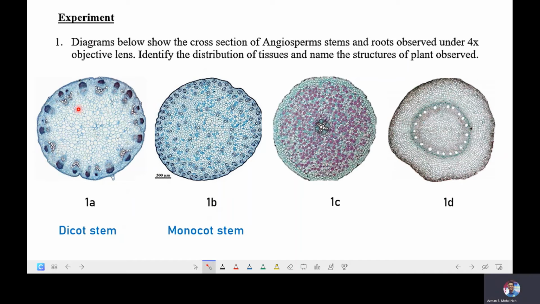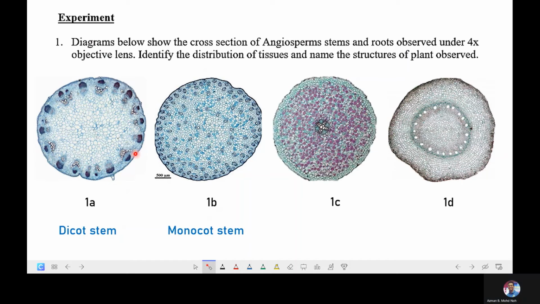Over here will be the pith, which consists of parenchyma cells, and somewhere here will be the cortex, also consisting of parenchyma cells, and over here will be the vascular bundles, which consist of the xylem over here and the phloem somewhere here. The dark ones near the vascular bundles are actually the sclerenchyma tissue.